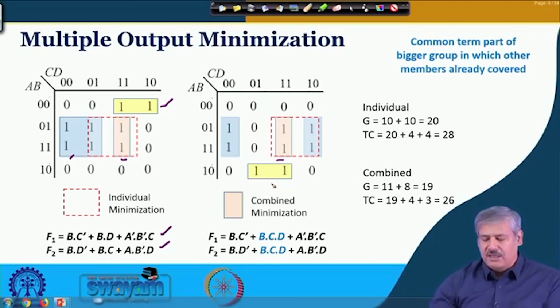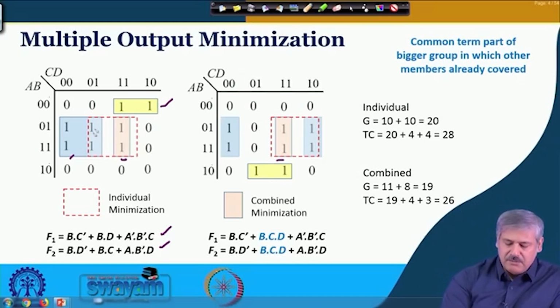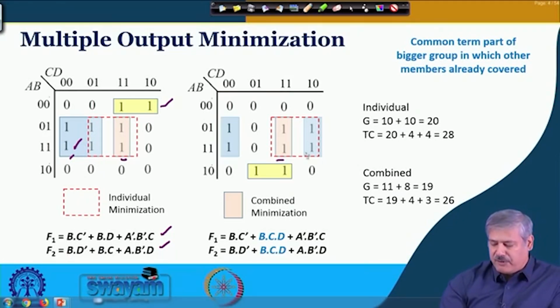Okay. Now, the issue with this is that by making a bigger group of 4, what you are covering is already covered by the previous group, one term B C prime over here. Similarly, by forming this bigger group, you are covering what is already covered by this group of 4, which is shown in blue, right. So, there is no necessity of grouping them in that manner and generating two distinct terms, right.